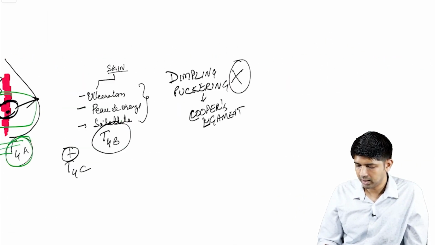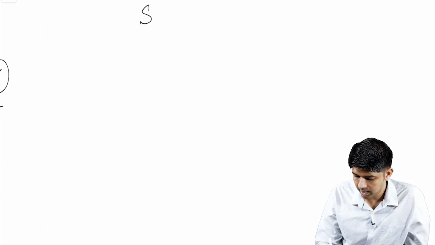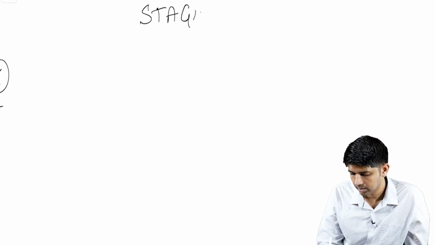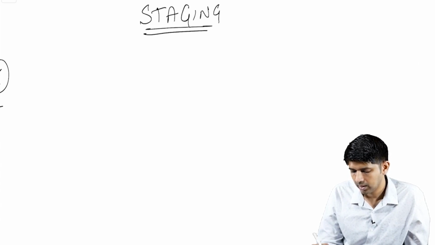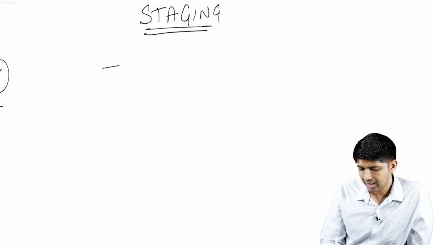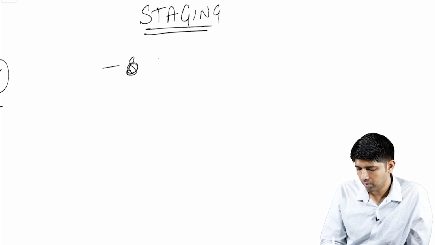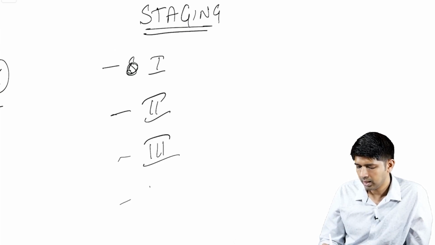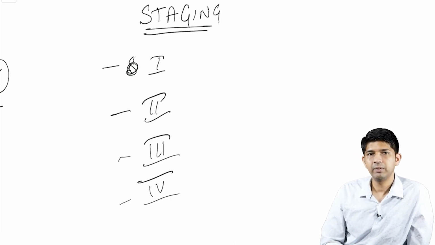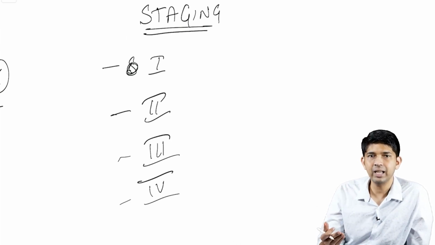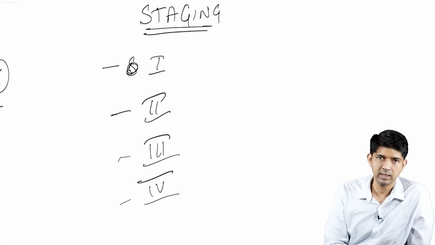Now the last bit is regarding staging. Now staging is classified into stage 1, stage 2, stage 3 and stage 4. We'll discuss this in detail when we go into management of the cancers.